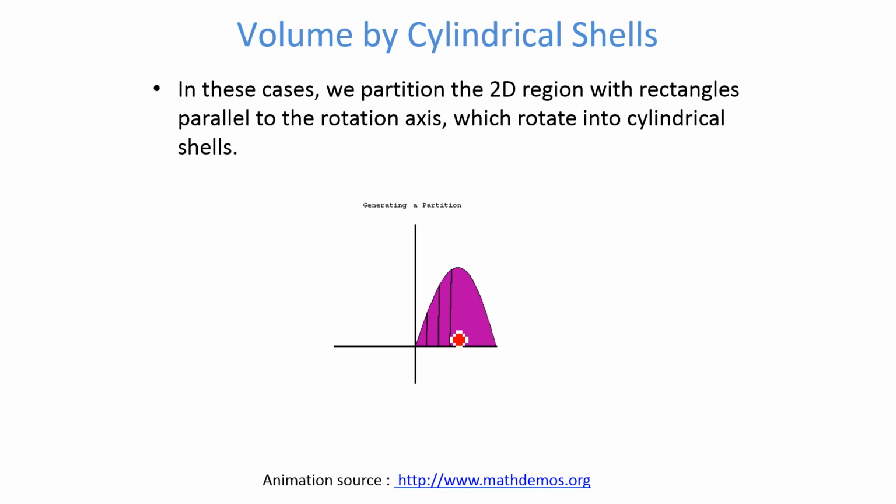We are going to subdivide the interval into smaller subintervals, and we draw a rectangle and let this rectangle rotate around the axis. So this makes a shell.